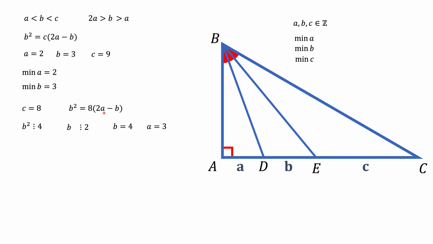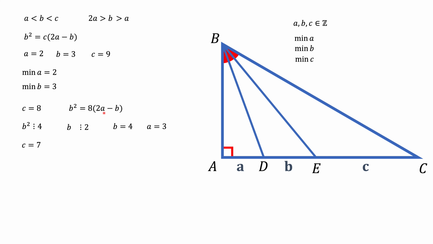And as you can see, we found the solution for c equals 8. And that means that the minimum value of c does not actually correspond to the minimum values of a and b. We know that the minimum value of c is no more than 8. But could it be less than 8? That's really the question. So let's check it.